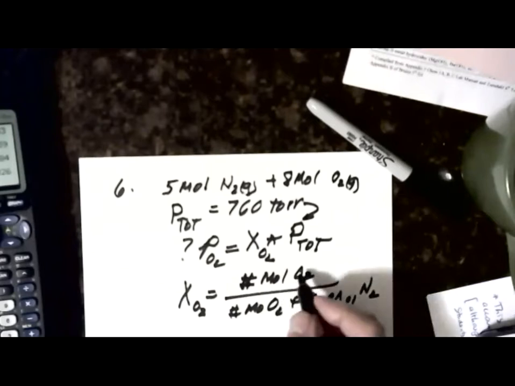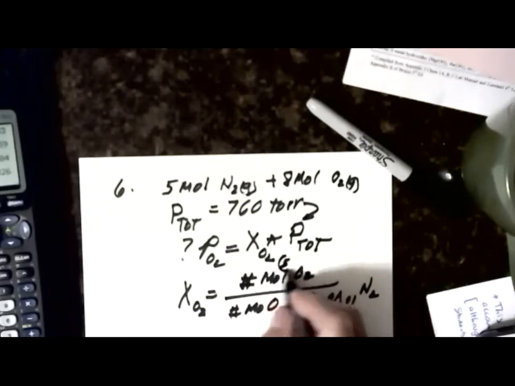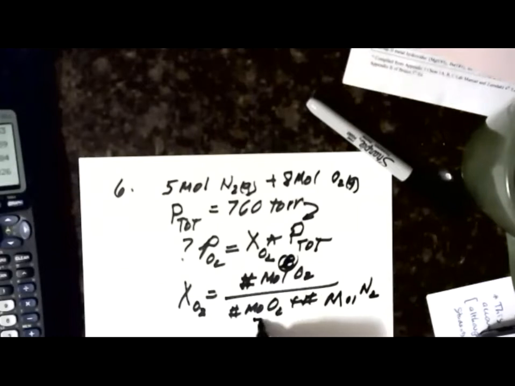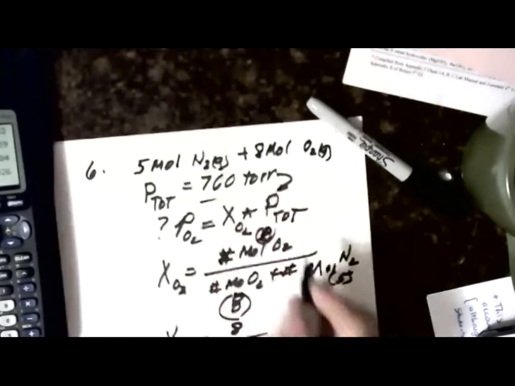Well, O2 is 8. And N2 is 5. So the mole fraction of O2 is going to be 8 divided by 13. The pressure of the O2 is going to be the mole fraction, 8 divided by 13, multiplied by the total pressure, 760.